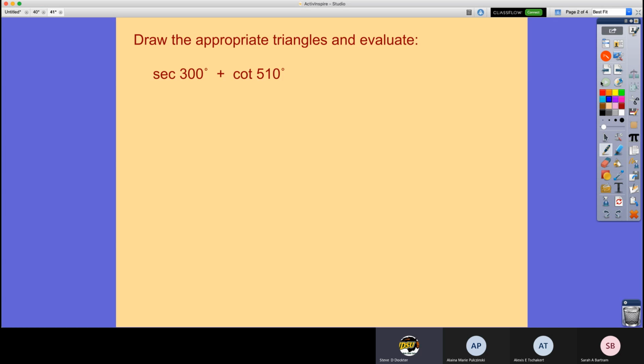All right, so we need to find what secant of 300 plus cotangent of 510 is. All right, Graham, it looks like you're the only one that has a calculator out, so I've got to pick on you. Graham, find the secant button on that calculator. It's going to take you a long time because for most calculators that doesn't exist.